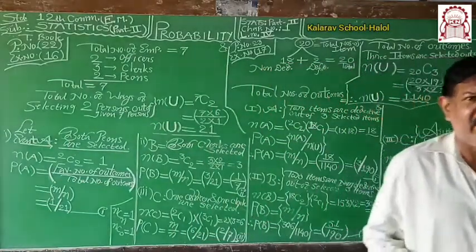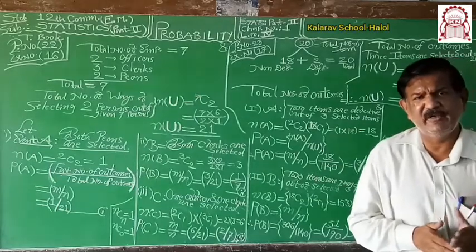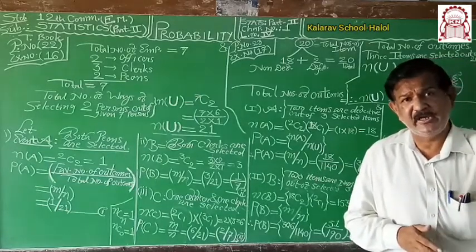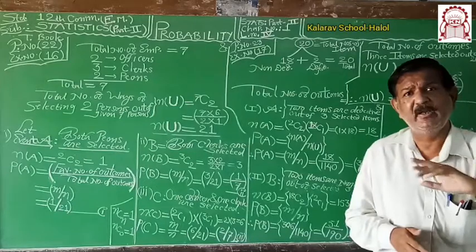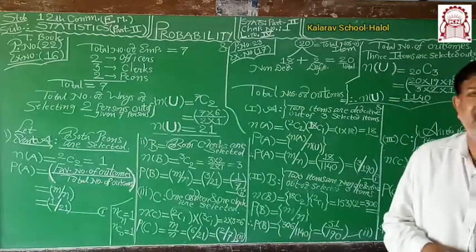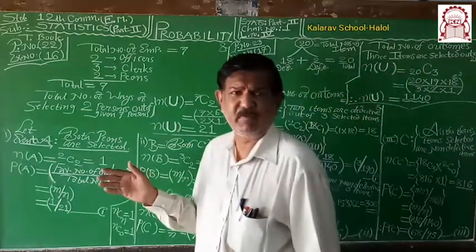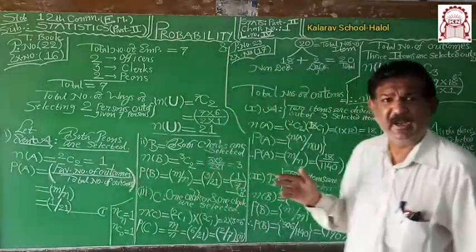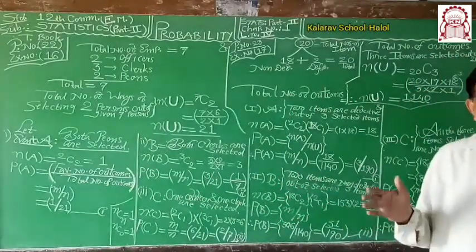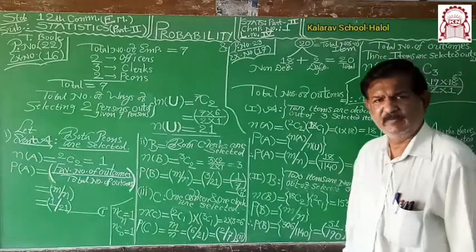Practice is required for this chapter, because it is a technical, scientific chapter. You studied probability in 9th and 10th, but that was basic, at the primary level. This chapter at the level of 12th commerce statistics is in depth, and therefore exhaustive practice is required. So let us practice very well.